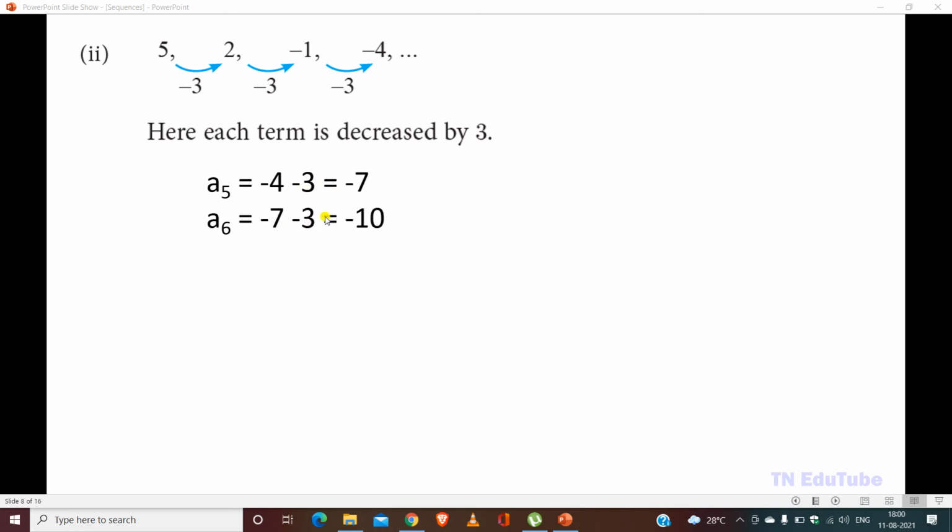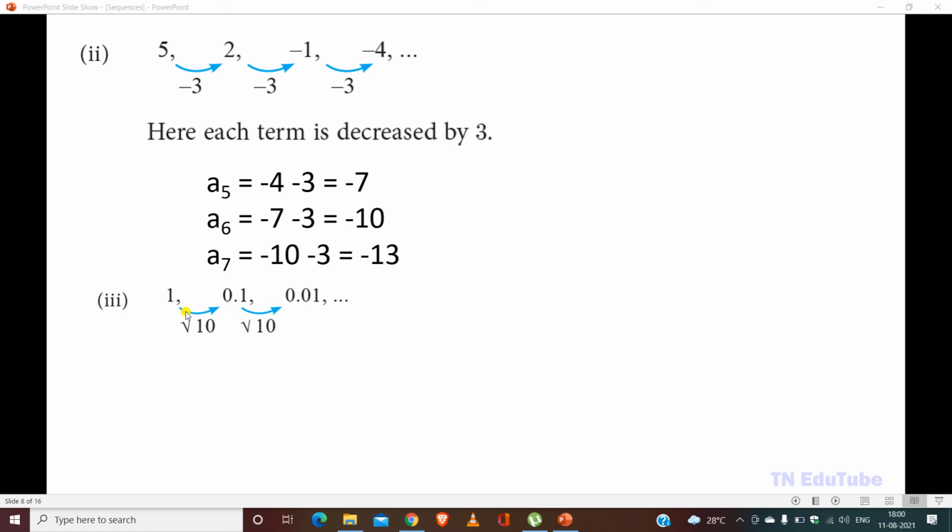So the common difference here is minus 3, isn't it? So each term is decreased by 3. So the next 3 terms also you have to decrease by 3. Minus 4 minus 3 is minus 7. Then from minus 7 you subtract 3, so minus 10. Next, minus 10 minus 3 is minus 13. There are the 3 terms.